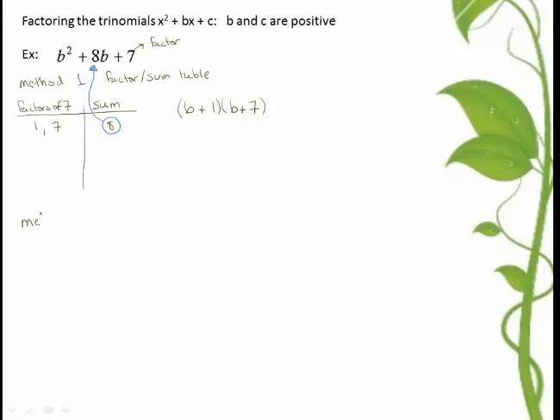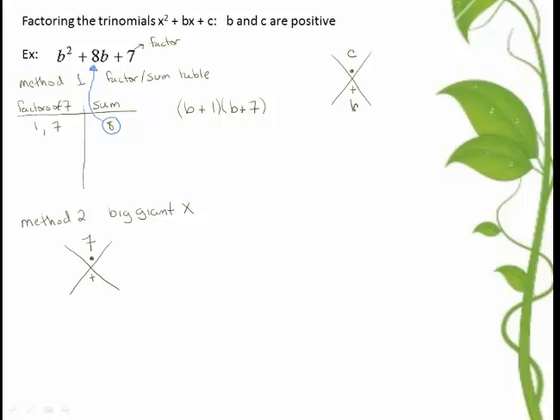Okay, method 2 is the big giant X. And the way we do method 2 is we take a big giant X, we put a multiplication and an addition. And I'm looking for two numbers that when I multiply them, they make 7. That's our last term, so here I'll draw it.